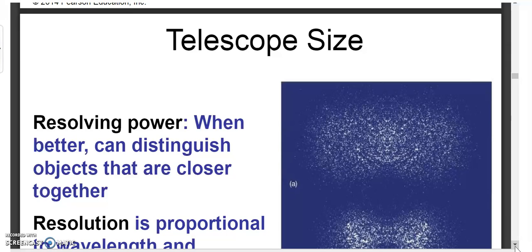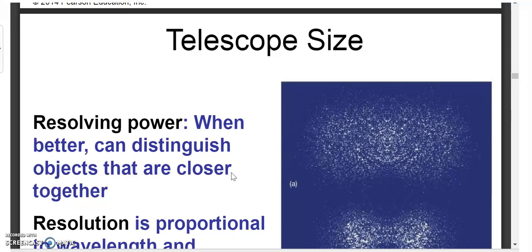So, all right, getting back to resolving power. That is when you can distinguish two objects that are close together. Just think about the human eye, right? When you look at any two cars, let's say, and the two cars get further and further away.